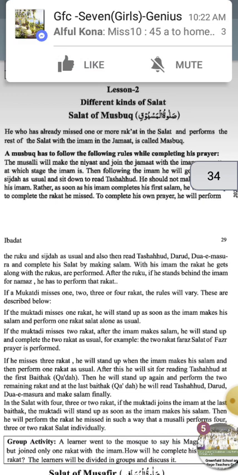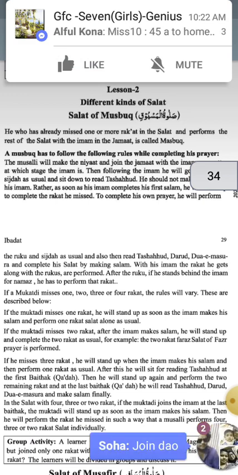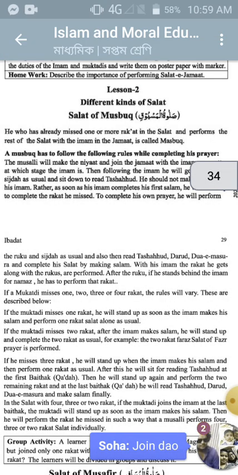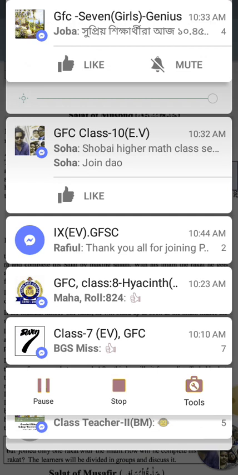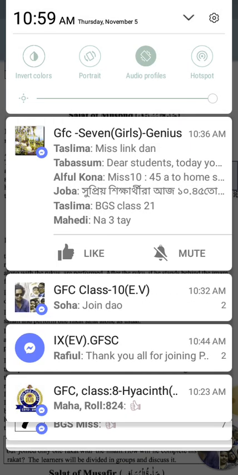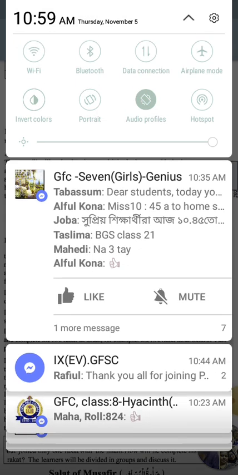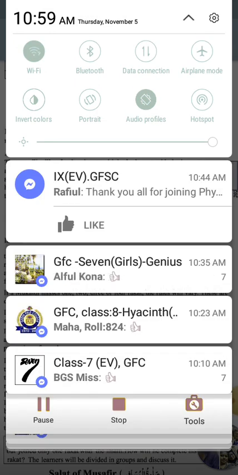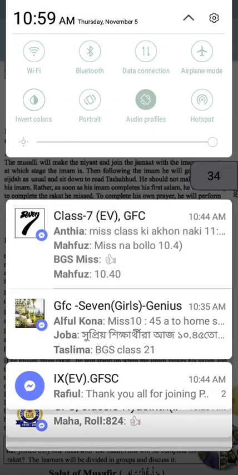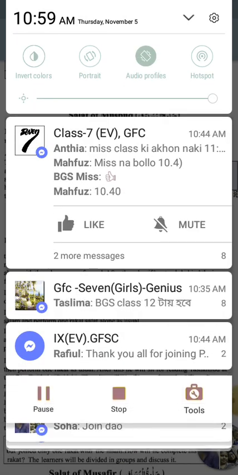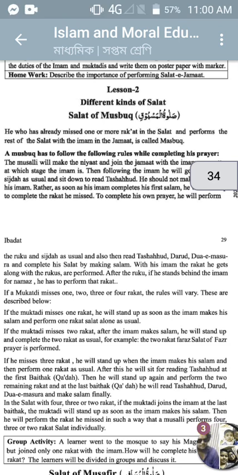Salat of masbuk. What is salat of masbuk? Dear students, what is called salat of masbuk?